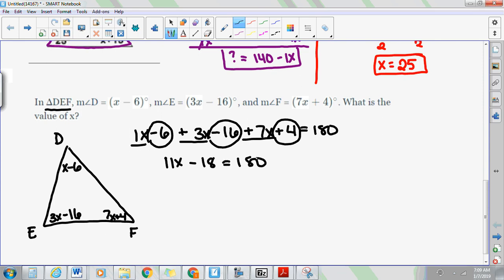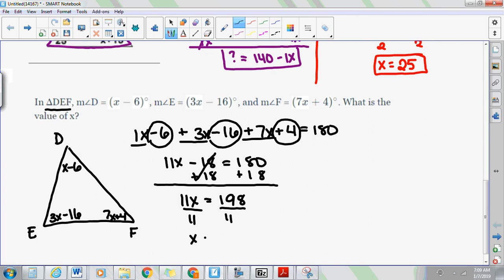Equals 180. I can add 18 to both sides. So I get 11x equals 198. Divide by 11. And I get that x equals 18.